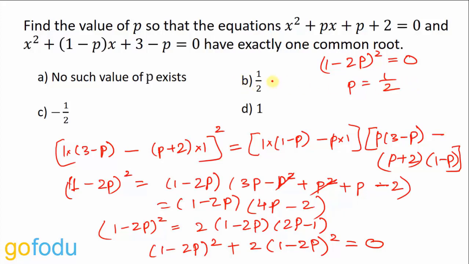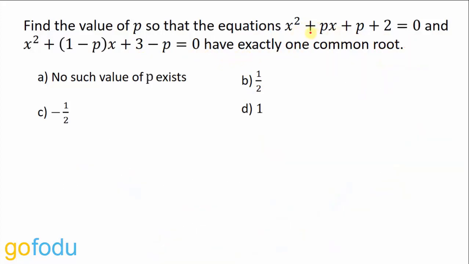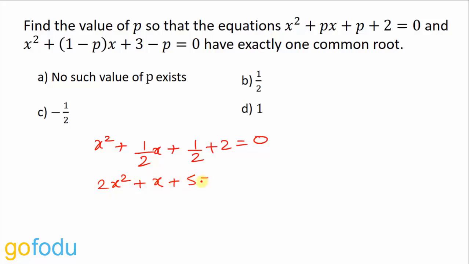Before marking this as the correct answer, I just want to put this value back again in these two equations that we have, this one and this one. So let's put the value of p as 1 by 2 in these equations. This first equation will become x square plus 1 by 2x plus 1 by 2 plus 2 is equal to 0. And this is nothing but 2x square plus x plus 5 is equal to 0.